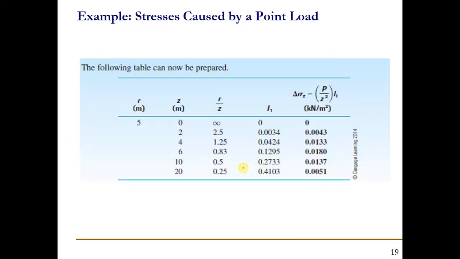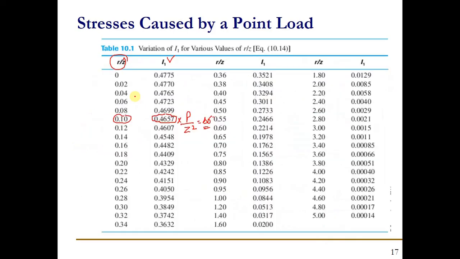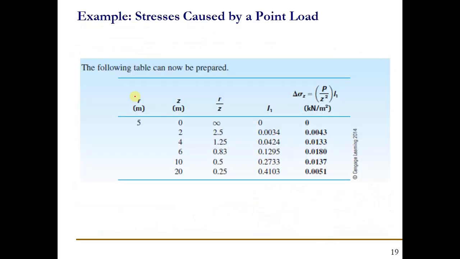Now we can use that equation straight away, and we can get the delta sigma for various z values. For example, for r 5 meter, z is 0, so r by z will be infinity and I1 will be equal to 0. Once I1 is 0, delta sigma is 0.